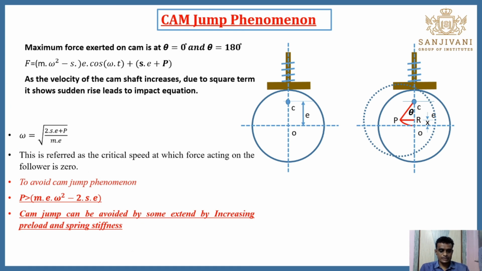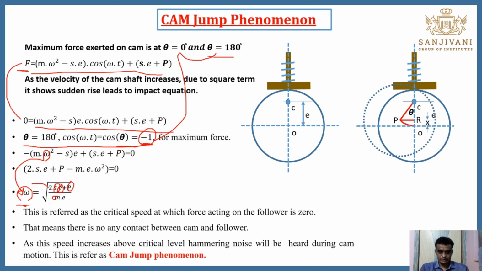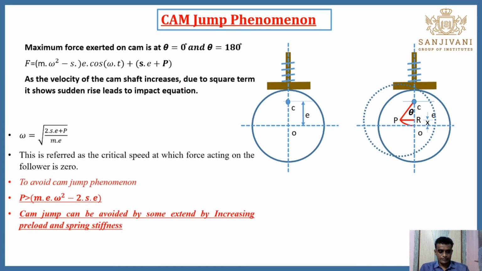Again, if we consider this same equation, we find that P is greater than M E omega square minus twice S E, and this is the condition to avoid the cam jump phenomenon. This condition needs to be satisfied.